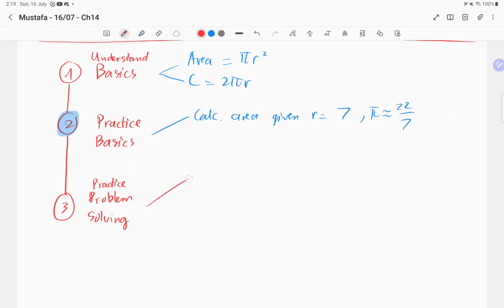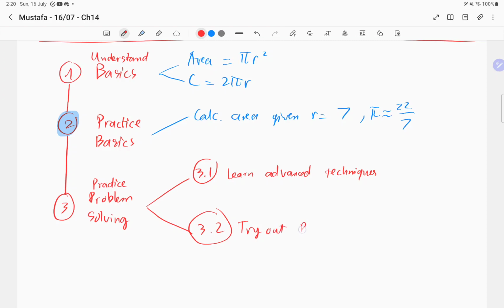So you actually need step 3.1, which is learn advanced techniques based on the basic concepts, and then 3.2 is when you try out problem solving by yourself. Most students don't get to step 3. This is the hard one.